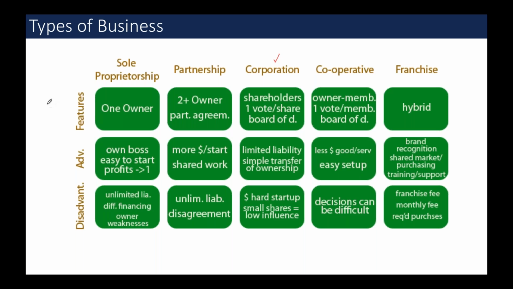Shareholders get dividends, and those who buy bonds get interest. A corporate's capital is contributed in the form of share capital and debt capital, which is called bond capital, bonds. On bonds, we pay interest. On share capital, we pay dividends.